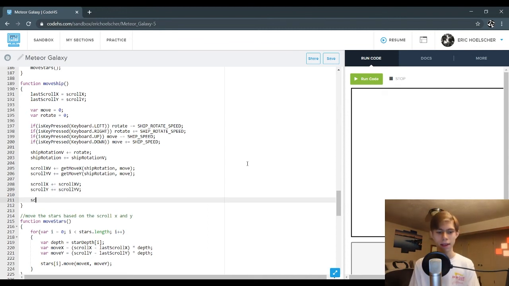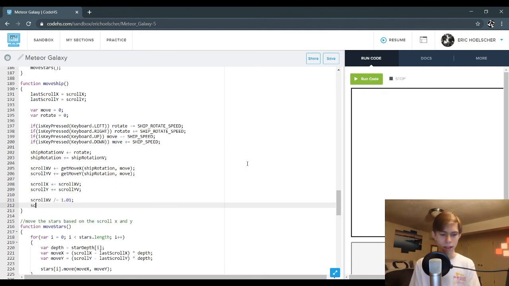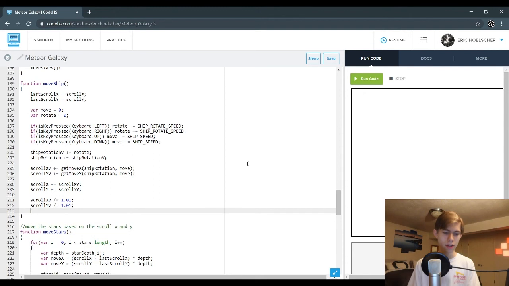Next, we're going to take scroll X velocity and divide that by 1.01, and then scroll Y velocity and divide that also by 1.01. These were just the numbers I found through testing. And then on the ship rotation velocity, we can divide that by 1.05.